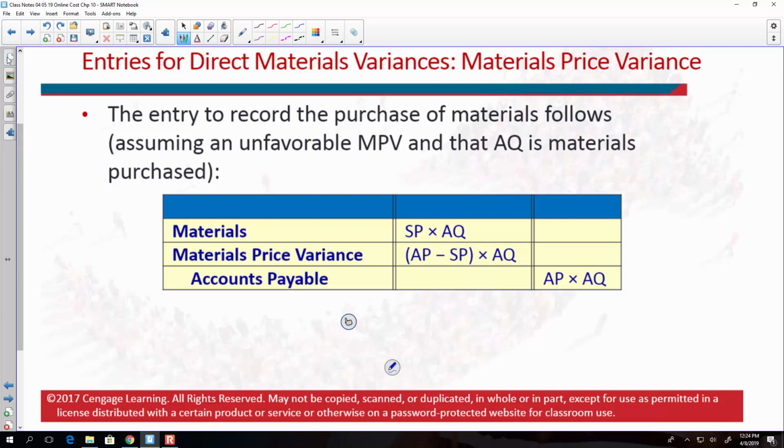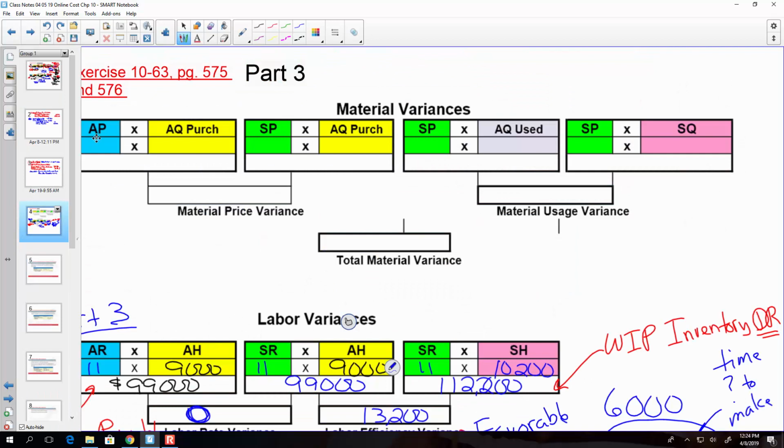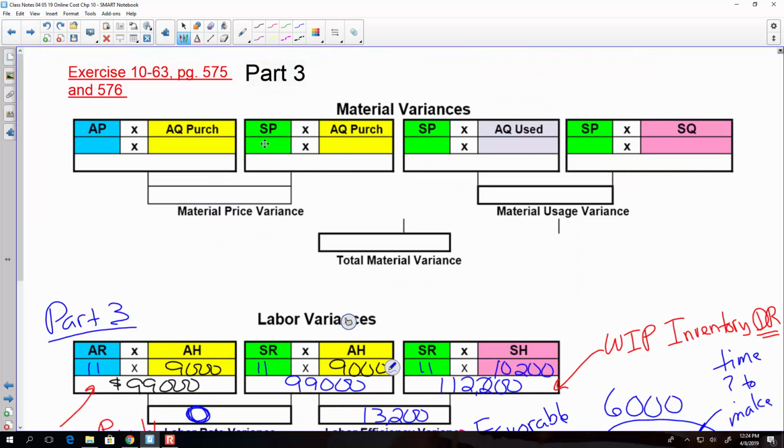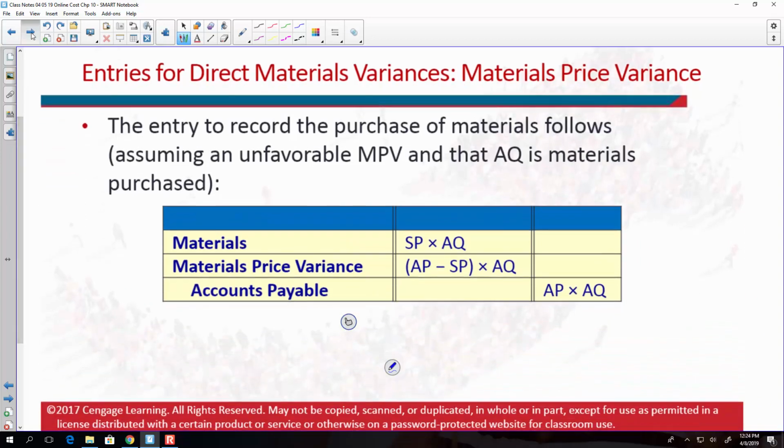I tried to use those same letter designations. Well, I did, right? AP is here, SP is, right, the green numbers. I tried to use those in my templates so you knew what I'm multiplying against. So hopefully these templates again will be a good guide for you as you go through your Chapter 10 discussion.